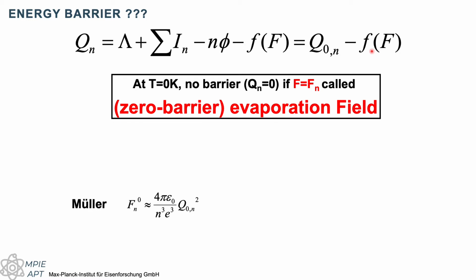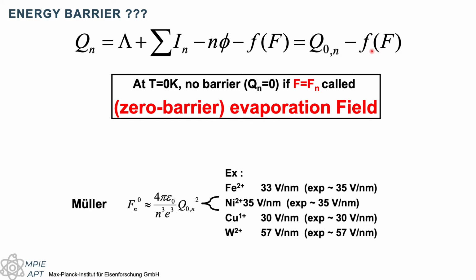The model that Müller proposed, which we know is wrong, like all models, led to estimations of the fields that you would need to remove atoms, for example, from iron or nickel or copper or tungsten, that were actually not too far from values that could be determined experimentally: in the range of 33 volts per nanometer, for example, for iron, 35 for nickel, 30 for copper, and about 57 volts per nanometer for tungsten.